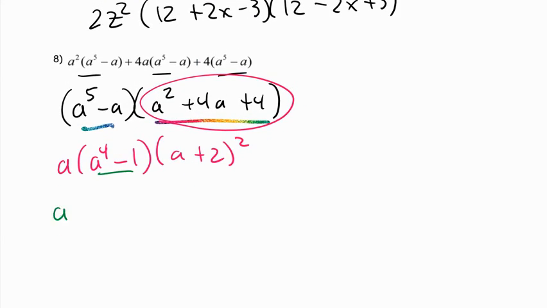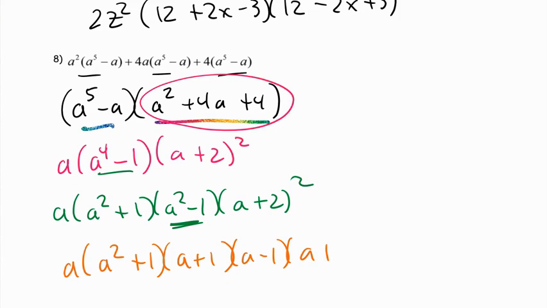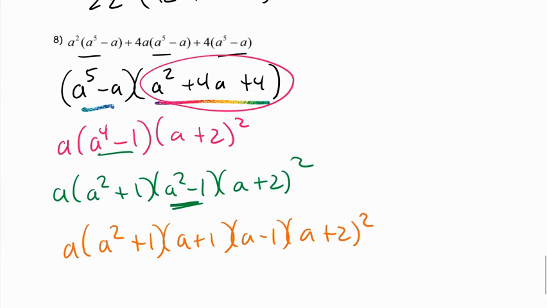Still got a square minus a square. So a squared plus 1, a squared minus 1. Still got a square minus a square. A plus 1, a minus 1, a plus 2 squared. All right, there you go.